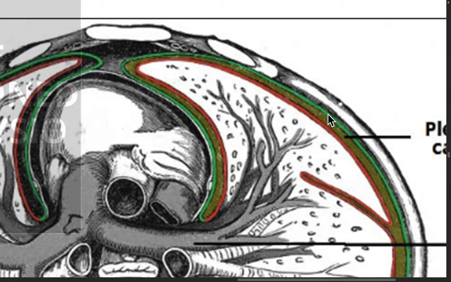When the ribs and parietal pleura move outwards, we also want the visceral pleura to move outwards, and that the inner layer moves along with the outer layer is ensured by the pleural fluid. This feature of the fluid is called surface tension. Because of surface tension only, this fluid is able to move the inner layer along with the outer layer during inhalation. I hope this is clear to everyone.